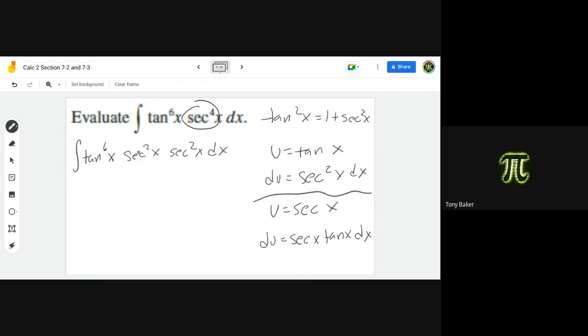But I also have to change this secant right here. I'm doing that right now. So that's going to change to tangent squared x minus 1. So I have u to the 6th times u squared minus 1 du.